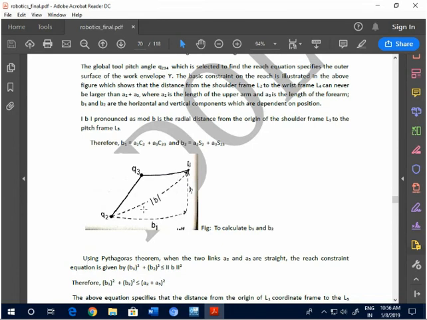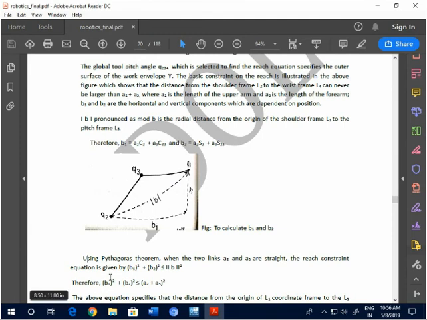B1 square plus B2 square is equal to mod of B square.